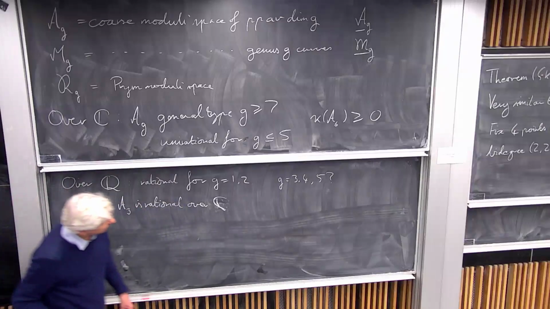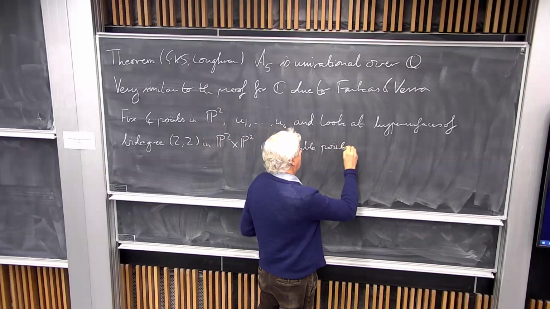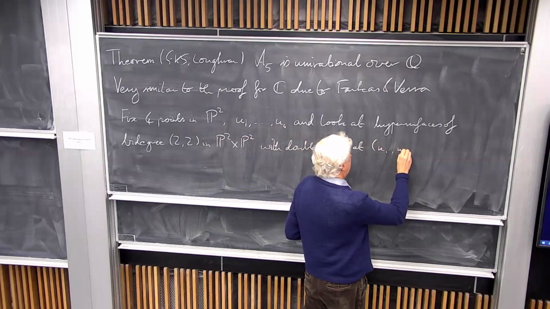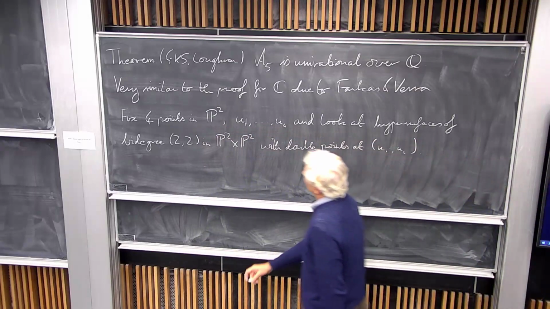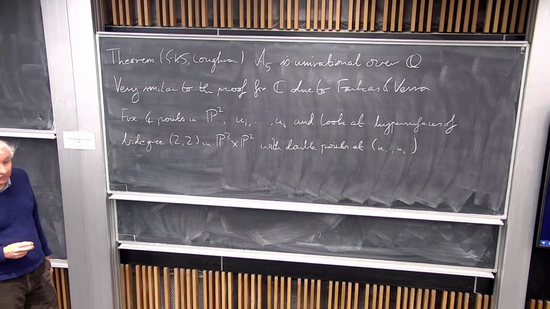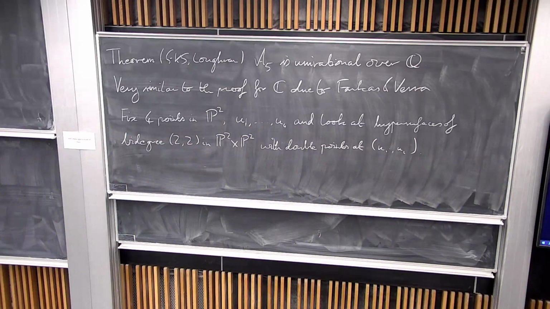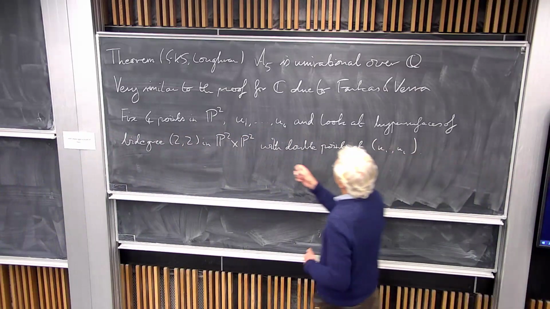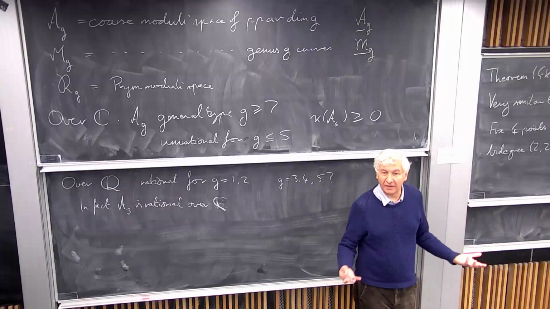I want them to have double points at the 4 points u_i. And then you look at the projection of those onto one of these factors, doesn't matter which one, as everything we've written is symmetric, and that gives you a conic bundle with a discriminant locus, and the discriminant locus is a sextic curve with nodes at these 4 points, and that has the right genus. After normalization, it has the right genus.